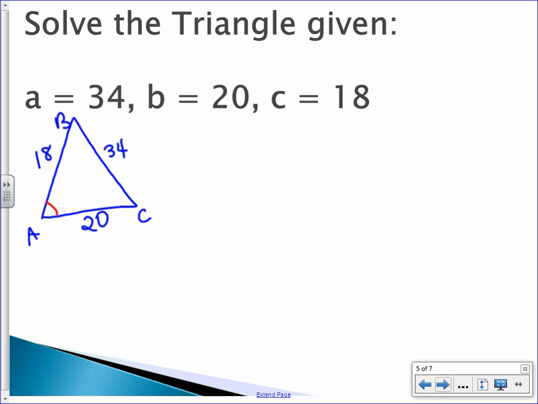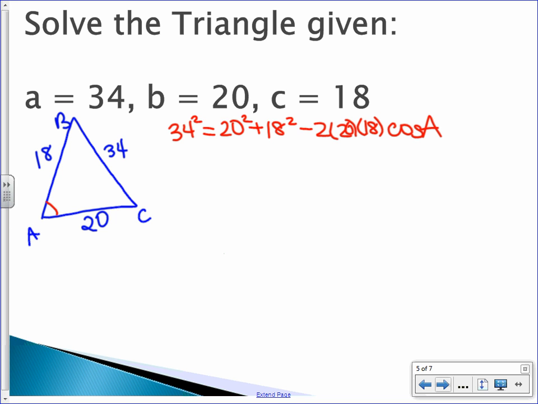Our formula: A squared equals B squared plus C squared minus 2 times B times C times the cosine of angle A. Please be careful with your order of operations.